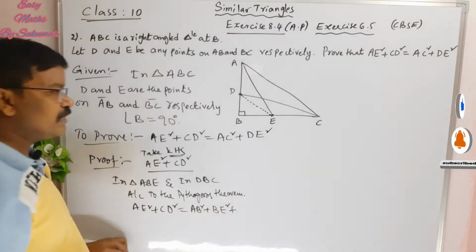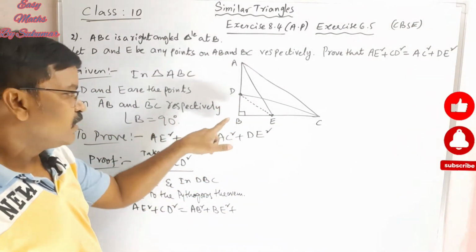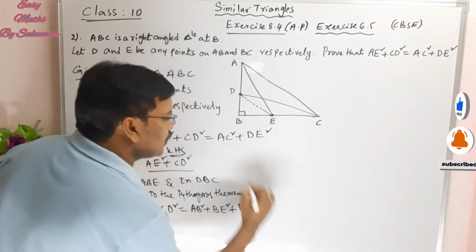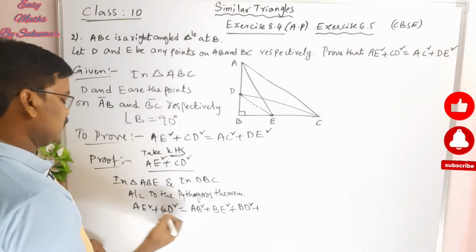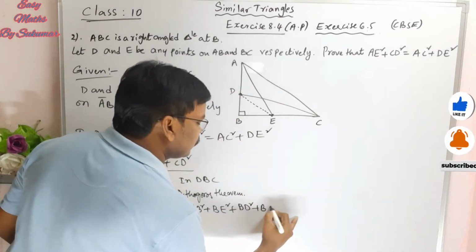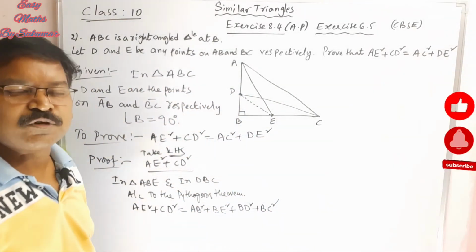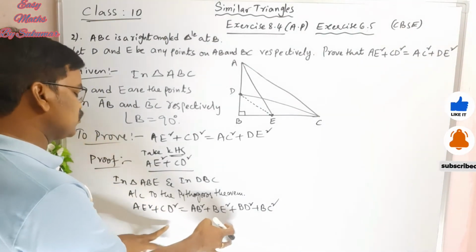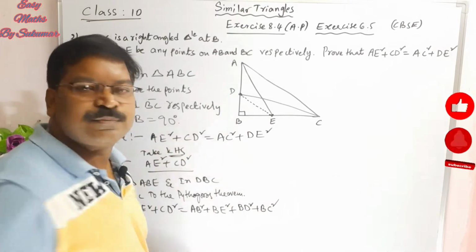Similarly, my dear students, here CD square is equal to BD square plus BC square. I hope you understand. It's very simple. Don't confuse. AE square means AB square plus BE square, CD square means BD square plus BC square.